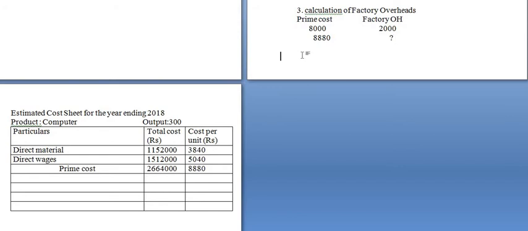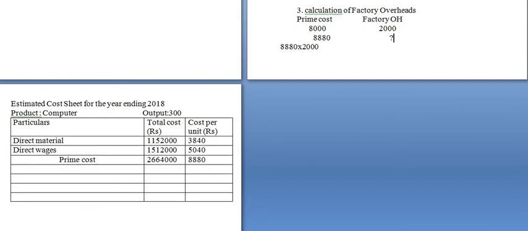So you will have to calculate this, that is 8,880 into 2,000, divided by 8,000. Okay. Now calculate this.